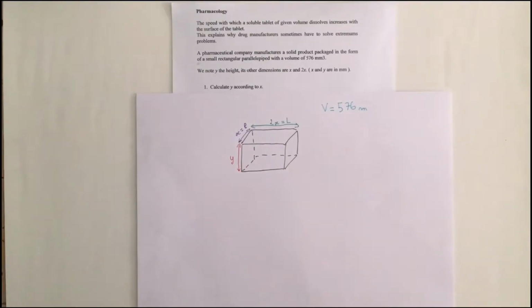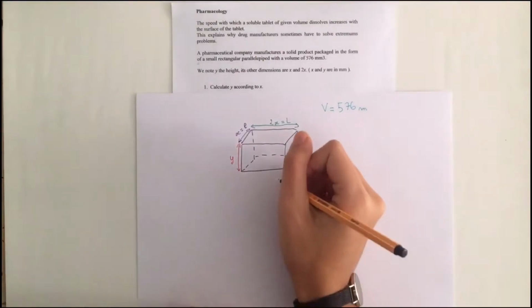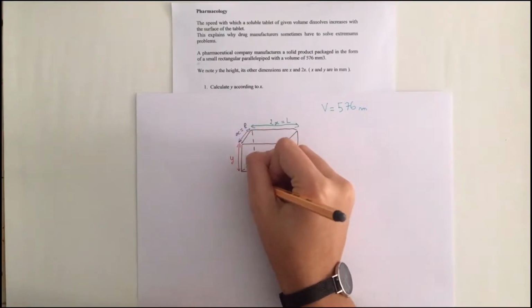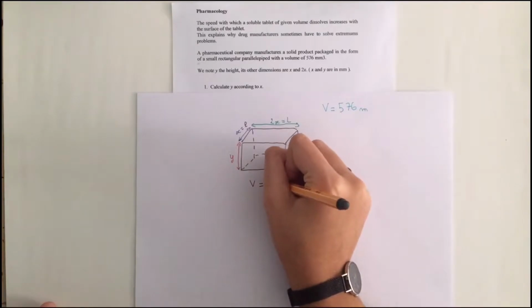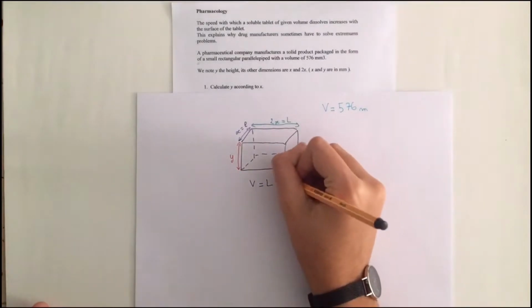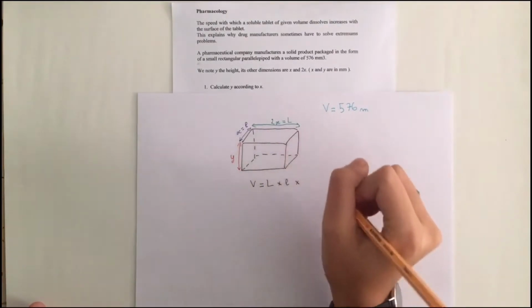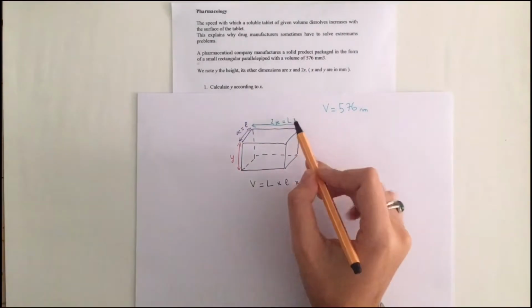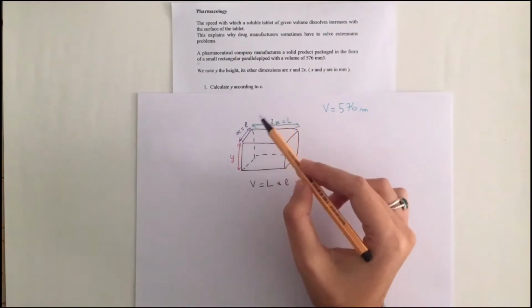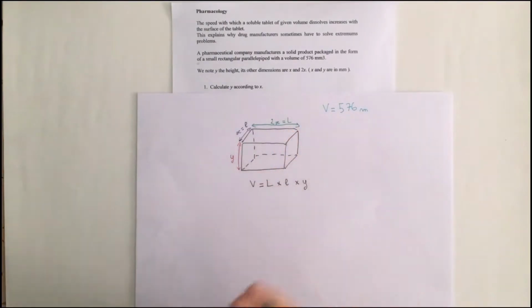We know that the volume of a parallelepiped is equal to the product of its length, L, height, y, and width, little l. According to the drawing, the length L is equal to 2x. The width, little l, is equal to x.